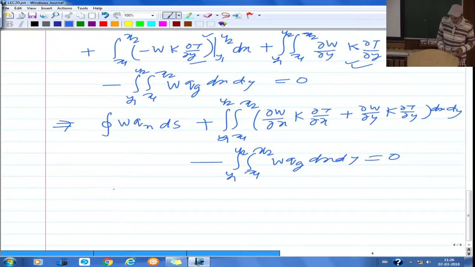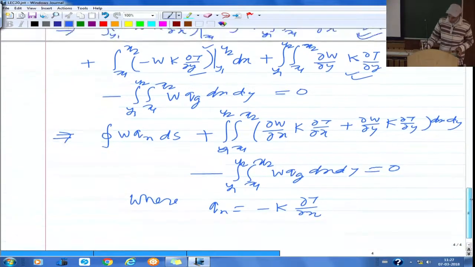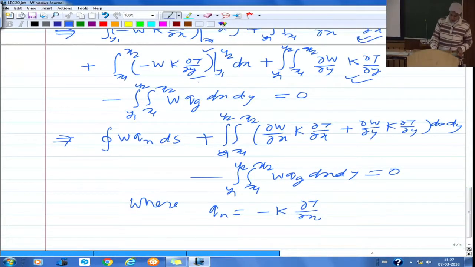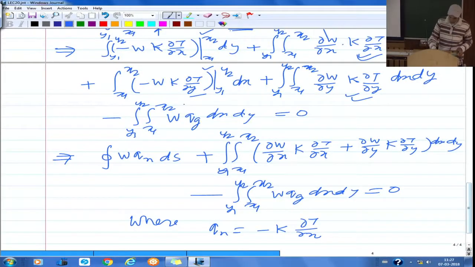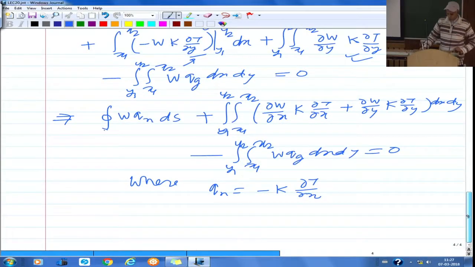Here we define qn equal to minus k into del t by del n, that is the rate of change of temperature along the outward normal. With this expression you can reinterpret all 4 boundary terms by expressing this cyclic, closed contour integral along the entire boundary of the domain.